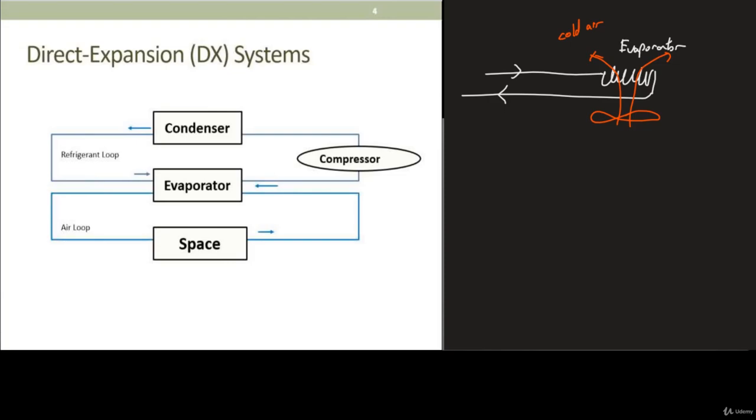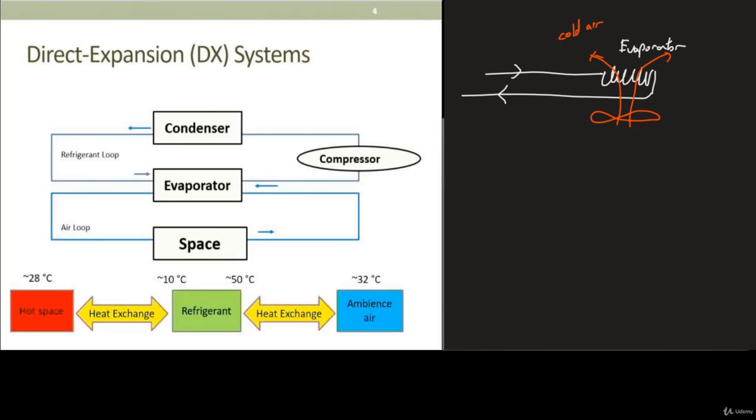The temperature that you are going to encounter is roughly around this range. The refrigerant that goes in may be around 10 degrees Celsius, of course that depends on the set point that you put in your room.